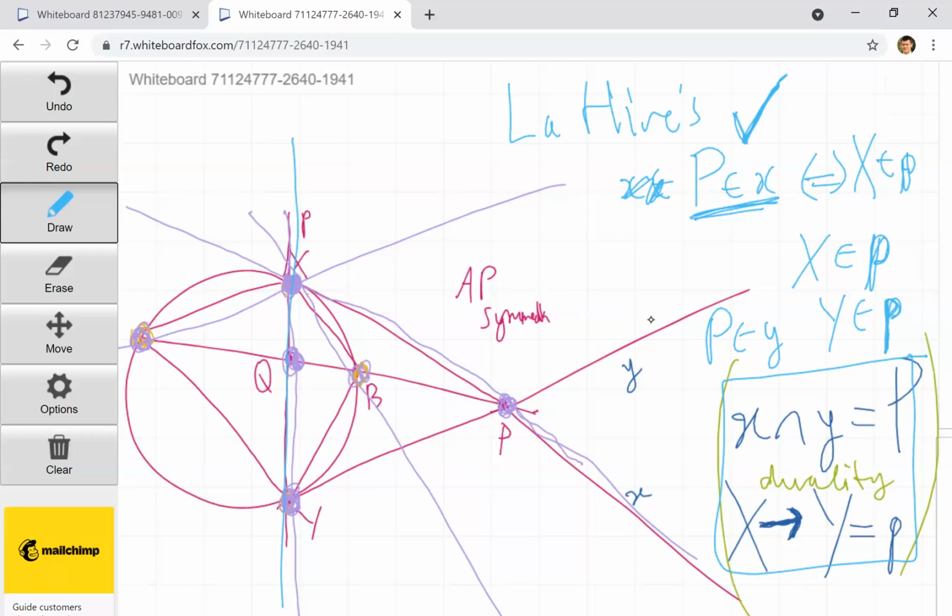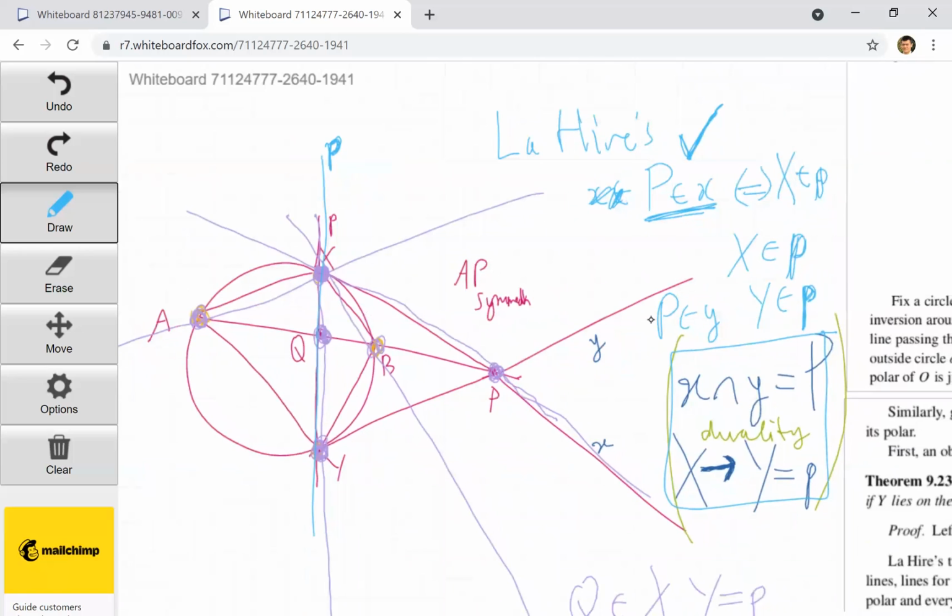So this is equal to the polar of P, yeah? Yes. Which we just showed passes through Q. Wait, what is Q? Our Q is defined to be something that makes A, B, P, Q harmonic.